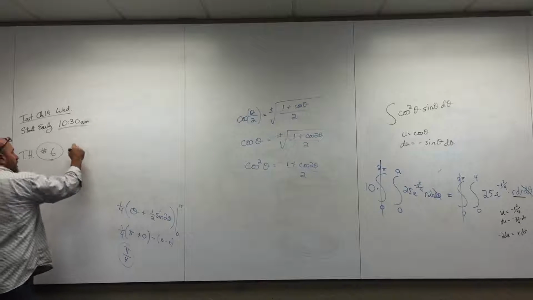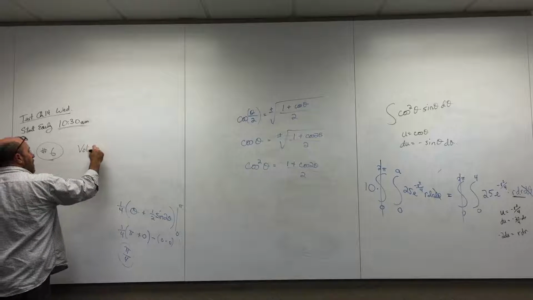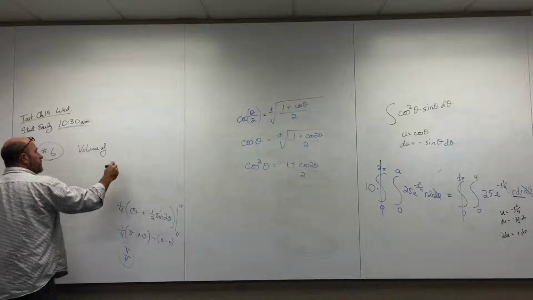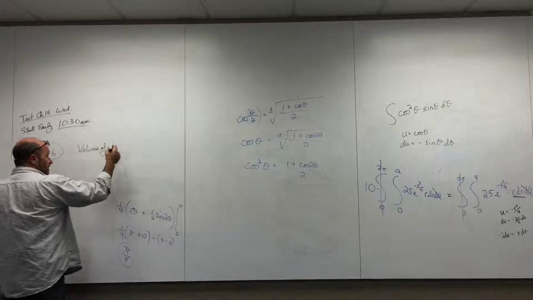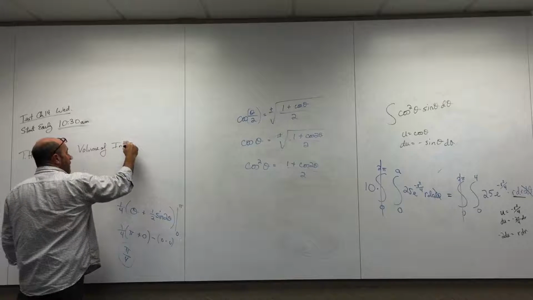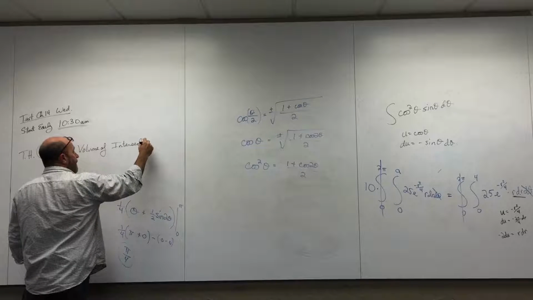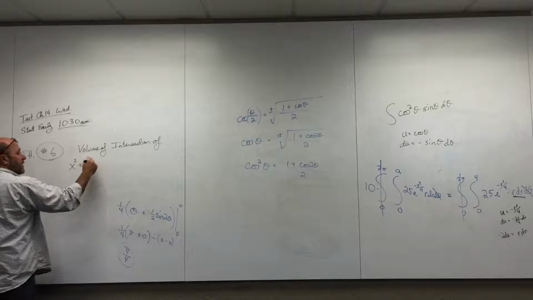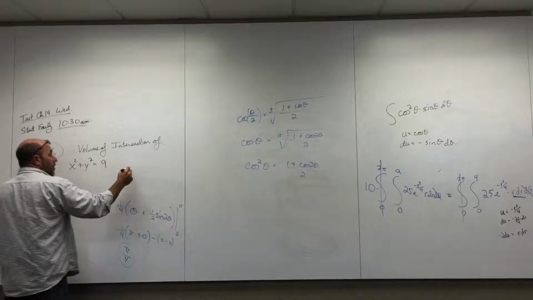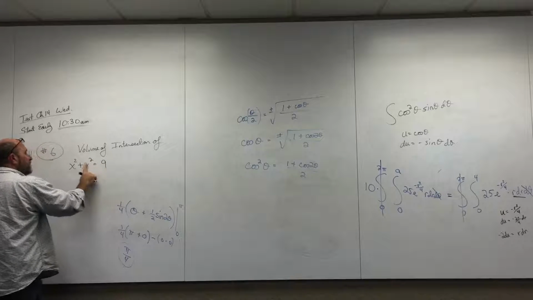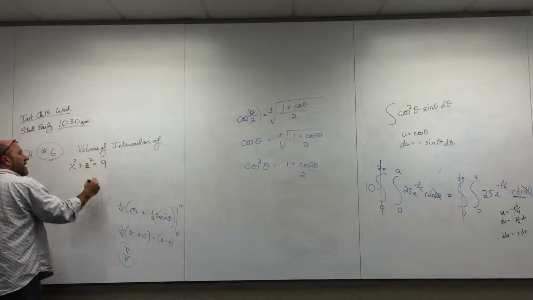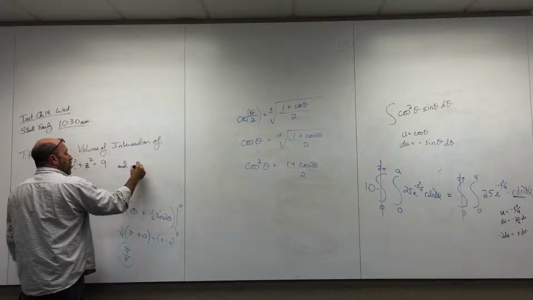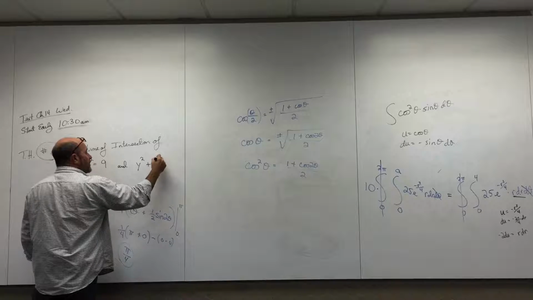I want to find the volume of the intersection of x squared plus y squared equals 9, x squared plus z squared equals 9, and y squared plus z squared equals 9.